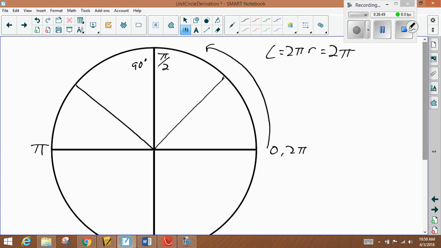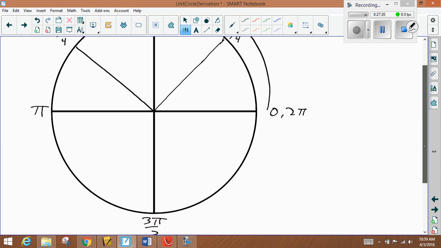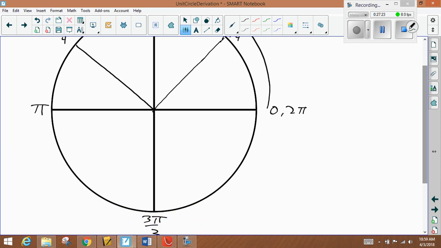So here we have, if we're going a quarter of the way, that's going to be pi over 4, right? Which means this one is 3 pi over 4, because we're 3/4 of the way. And I guess we could continue on here, down here.